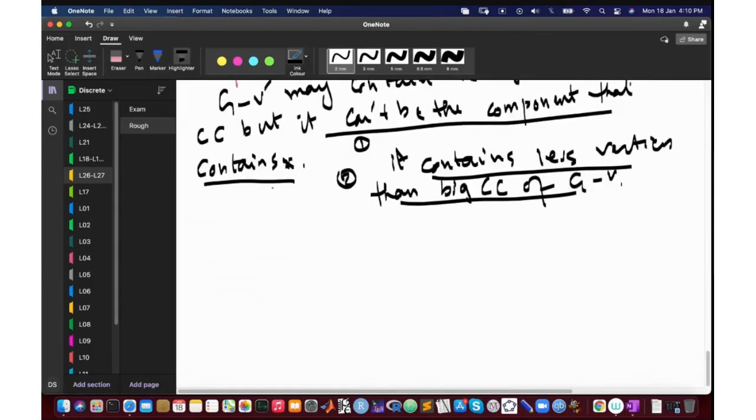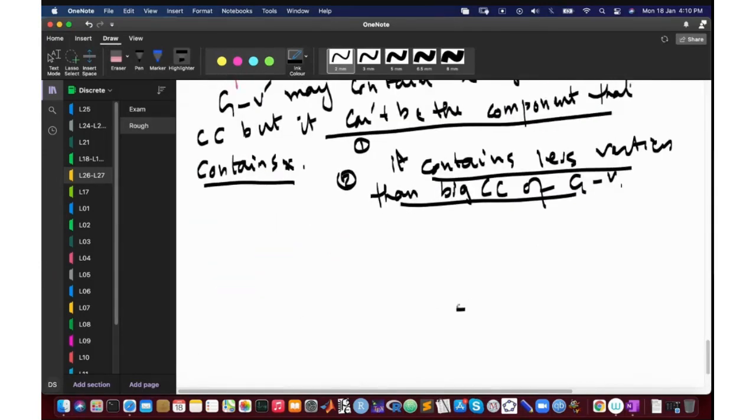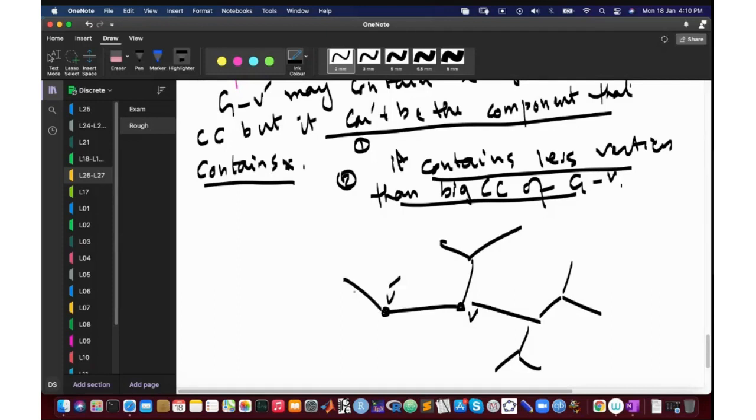Let me make the same picture again. I have a vertex V, and in its neighborhood there is something. Similarly, in its neighborhood there is a vertex V bar, and in its neighborhood there is something, and so on. So if I remove V, I get this part as the big component.